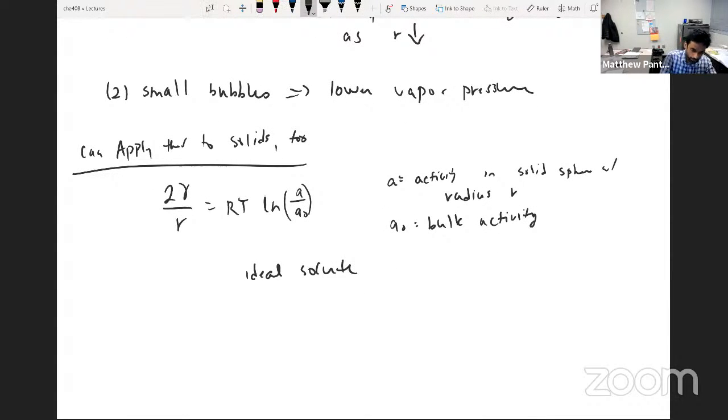So if it's an ideal solute, this would be RT log X over X naught, or that's simply just the mole fraction of some dissolved material.